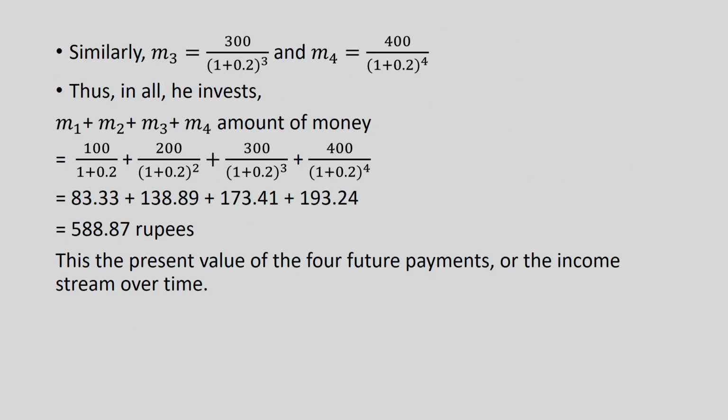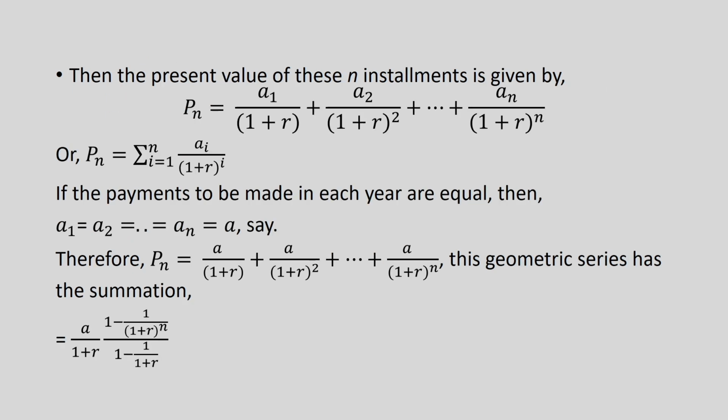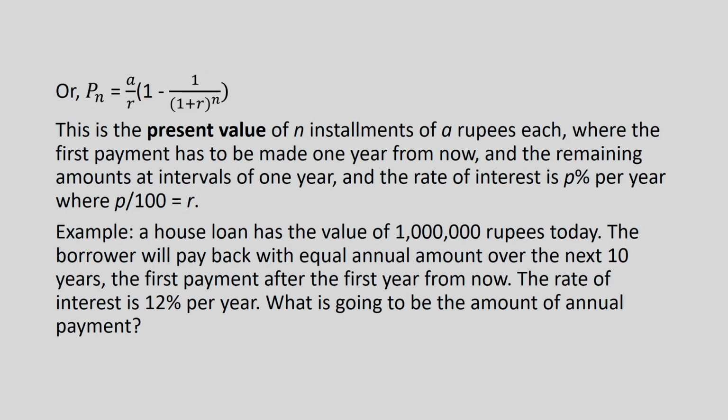We have talked about one example of PDV, and this is the general form that we have found, that you have a limited number of periods in which a person can get certain income or profit. Suppose that is constant, that is small a.